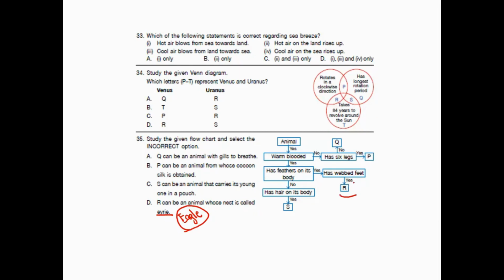So R cannot be an eagle because R is having webbed feet. Ducks have webbed feet, right? Because the webbed feet help them to swim in the water. So R can be a duck, it cannot be an eagle. So the D option of the 35th question is the wrong option, and for us it is the correct one. Why? Because the question has asked for the correct statement.